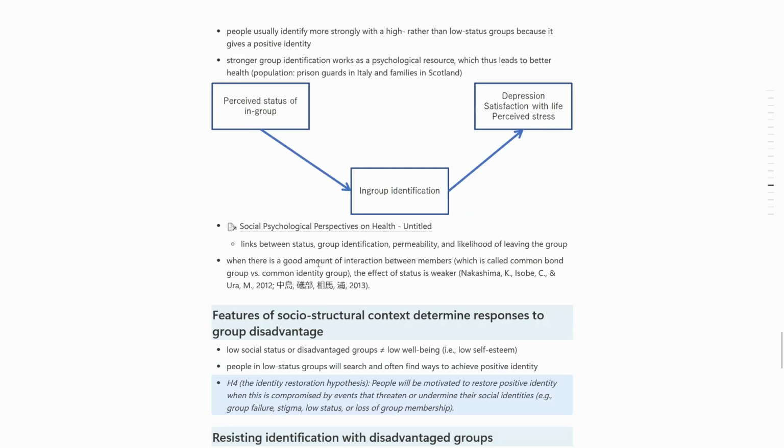And we have seen this statement before in hypothesis 4, the identity restoration hypothesis. People will be motivated to restore positive identity when this is compromised by events that threaten or undermine their social identities, like group failure, stigma, low status, or loss of group memberships.